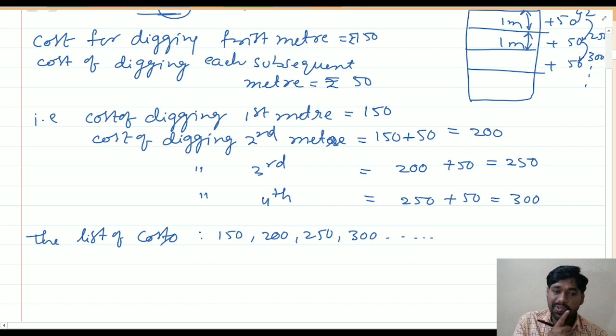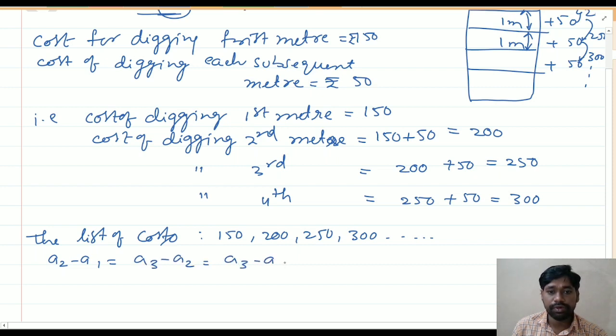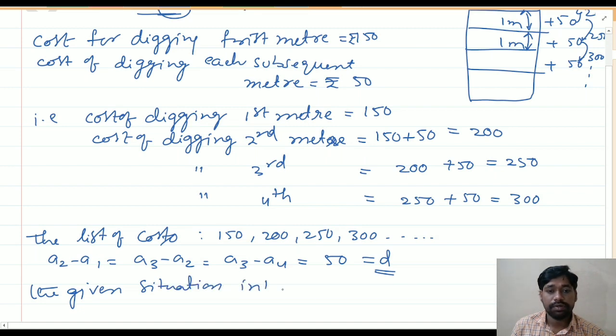If you see the common difference, A2 minus A1 is equal to A3 minus A2, which is equal to A4 minus A3, which is also equal to 50, then it is said to be a common difference. So the given situation is in the form of AP.